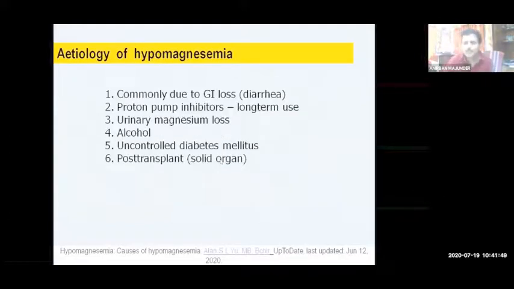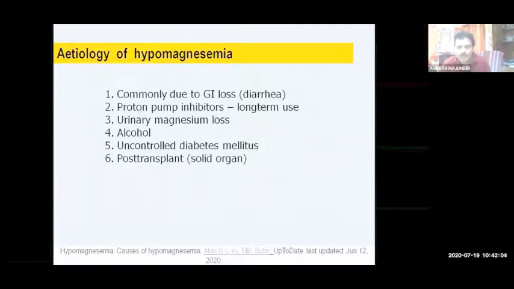Now, why did this patient have hypomagnesemia? Then the next question. So we looked into the cause of hypomagnesemia, and you can see that one of the important causes of hypomagnesemia is the long-term use of proton pump inhibitors.